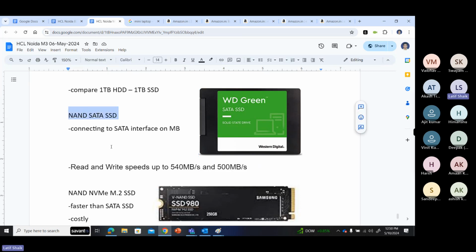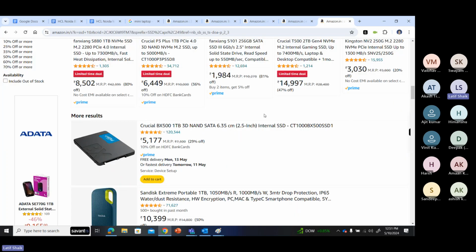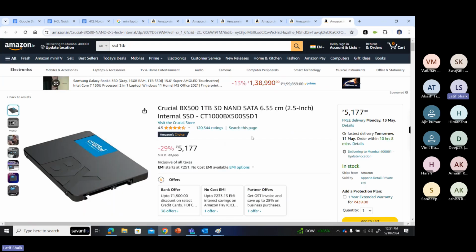This is the SATA interface SSD. We can connect it with a SATA cable. For the read and write speed, I searched for some SSDs, and the speed is 500 MB, 540 MB kind of stuff. So you can see this Crucial 1 terabyte SATA interface SSD, 2.5 inches. It is internal, for your laptop kind of stuff.